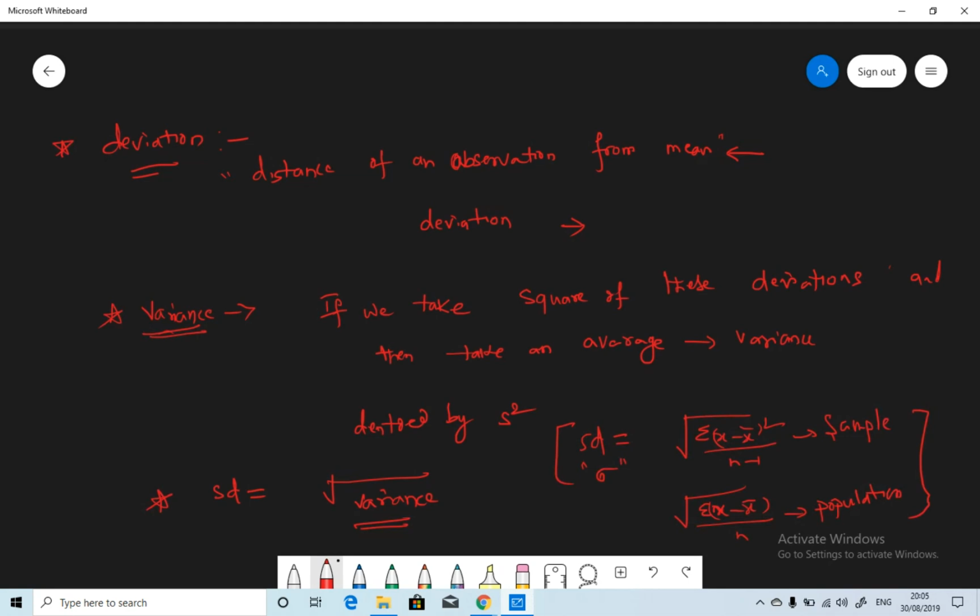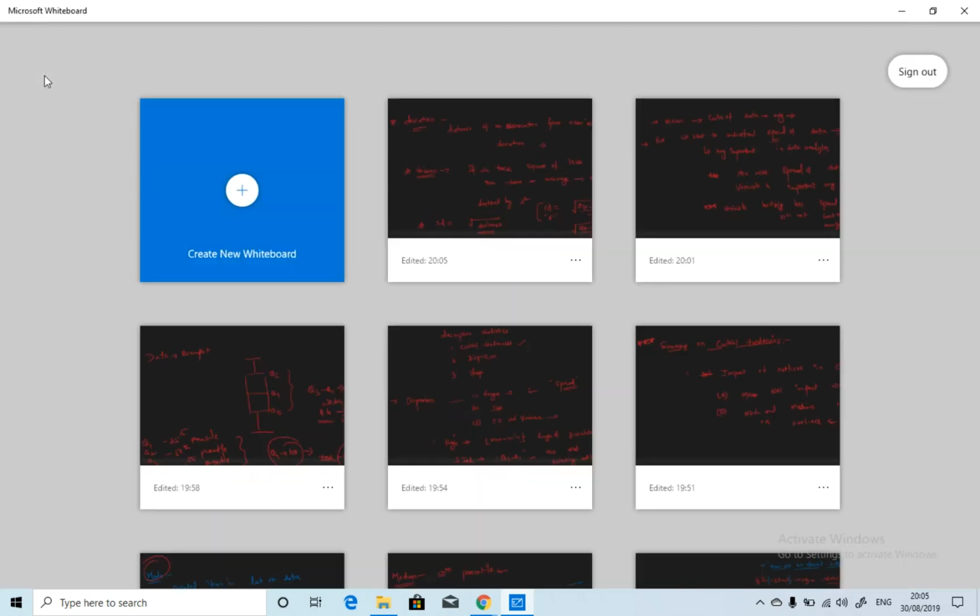Okay. Now, can you do an example and tell me what is the standard deviation? Let's take x as 1, 2, 3 and find the standard deviation.